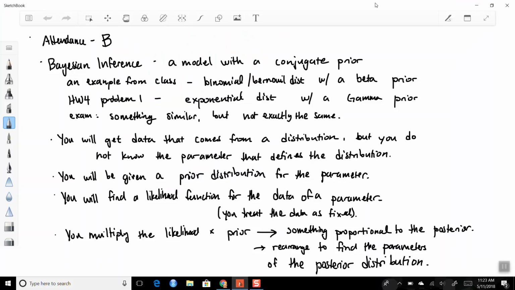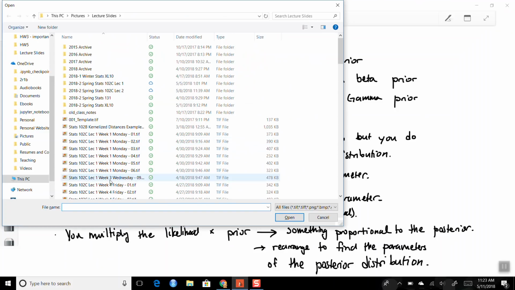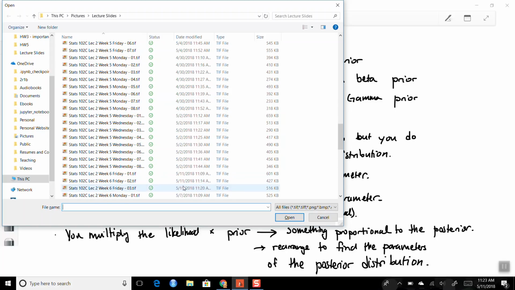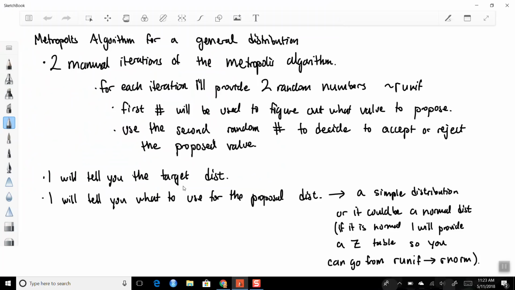Yes. Problem 3, the third one. You said the substitution, and then we just use one of the second RUnif to check whether we accept or reject. Yeah, so I'm going to have you do 2 iterations manually of the Metropolis algorithm, okay? Each iteration has 2 random elements.